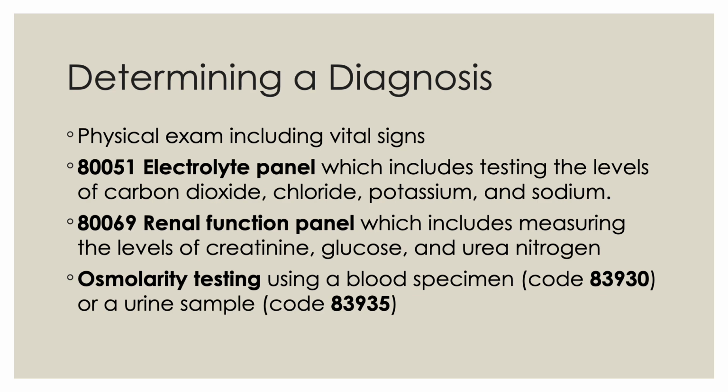And osmolarity testing. Now this can be done with a blood specimen or a urine sample. So you have to check the documentation to find out if a blood specimen was used. You're going to use CPT code 83930. If a urine sample was used, you're going to use 83935.